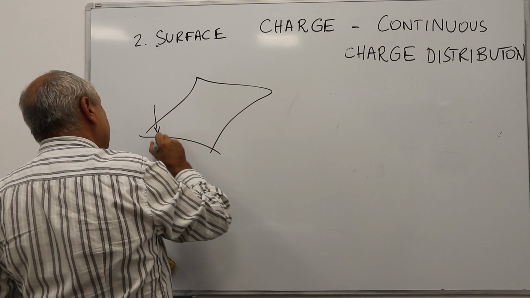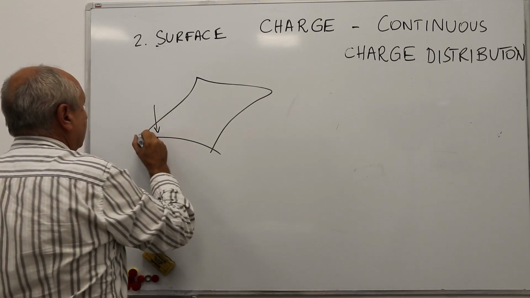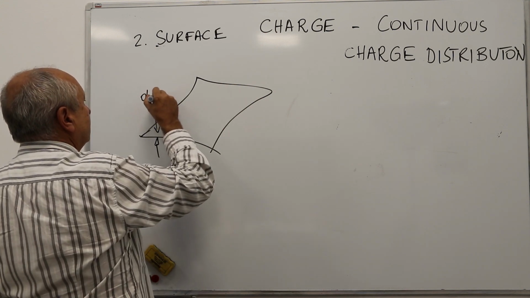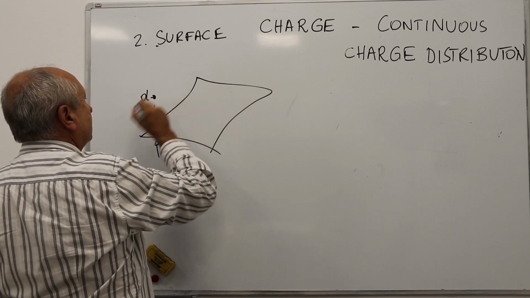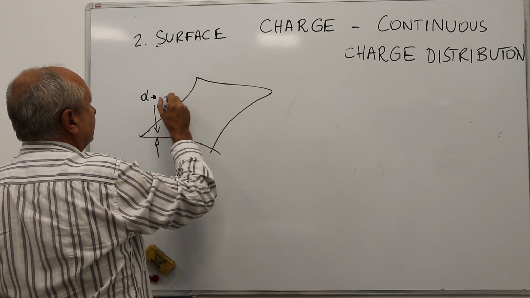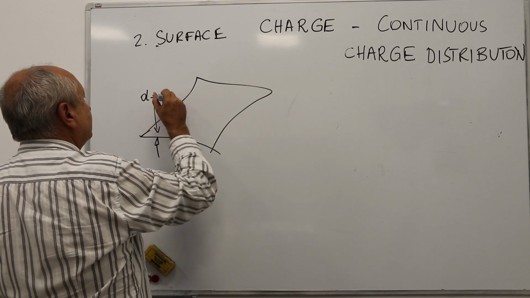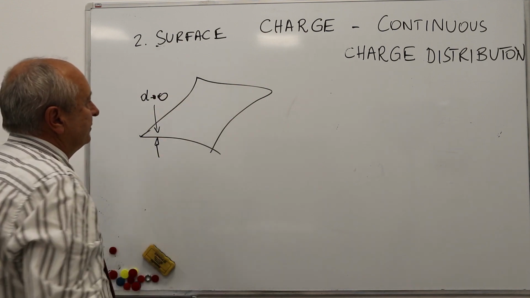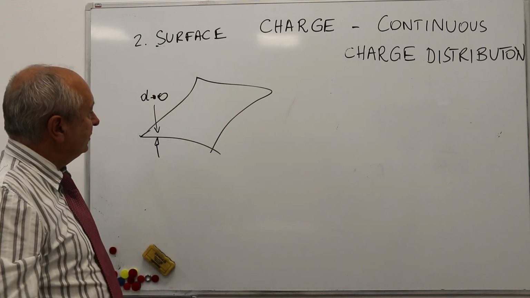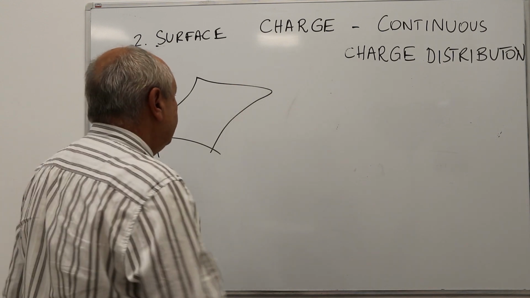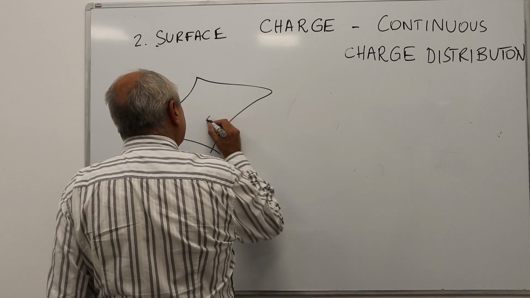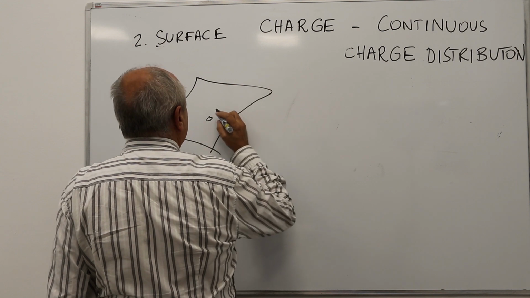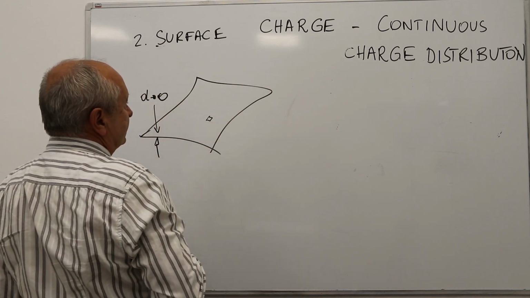The thickness of this thin sheet, d, can be neglected. We do not take it into account. It is very, very thin, and we define the surface charge density.